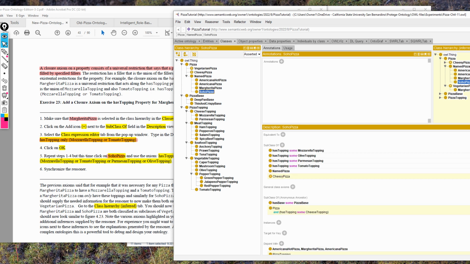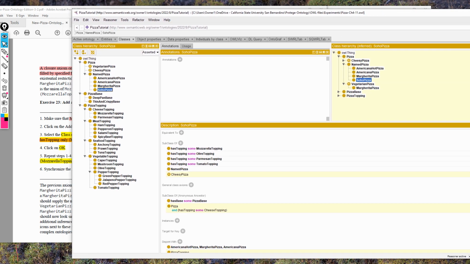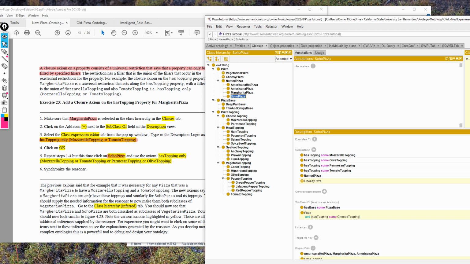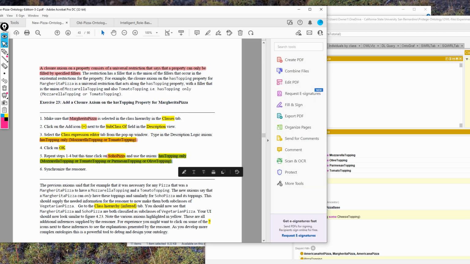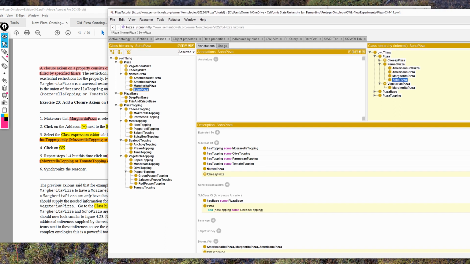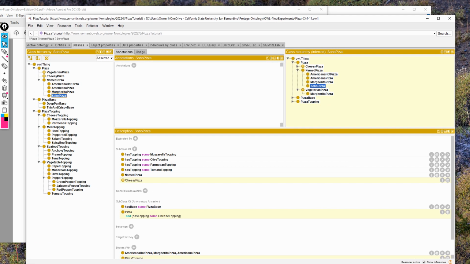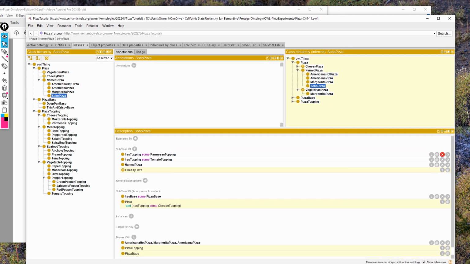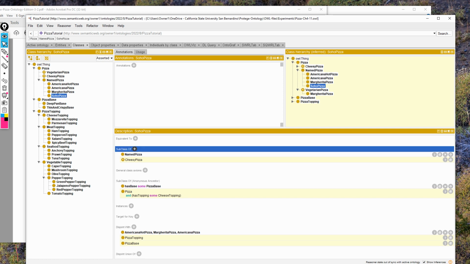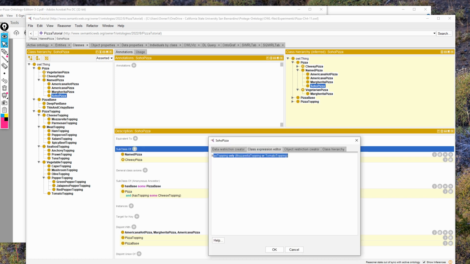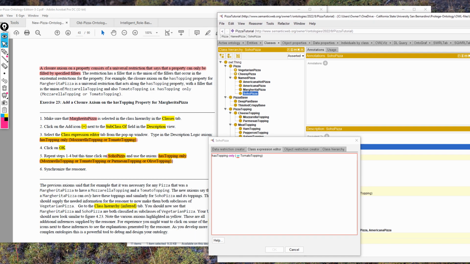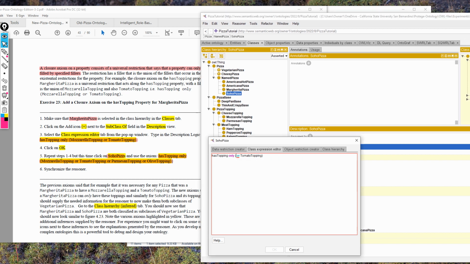Now for the soul pizza, same thing. What I'm going to do is add this one, has only. Okay, so I have to first get rid of this, right? And then subclass of has topping only, but this time it's not only the mozzarella topping.